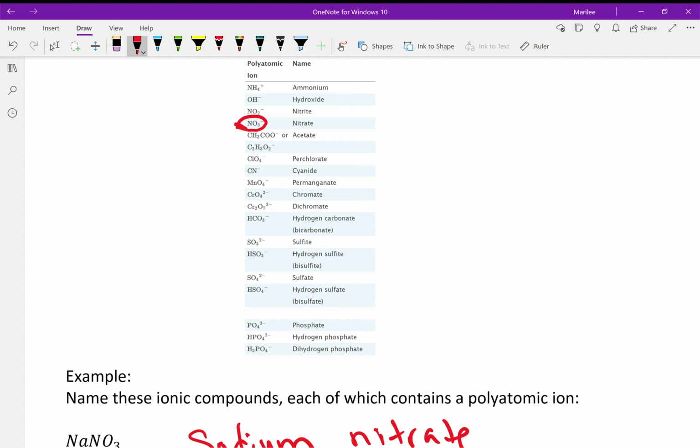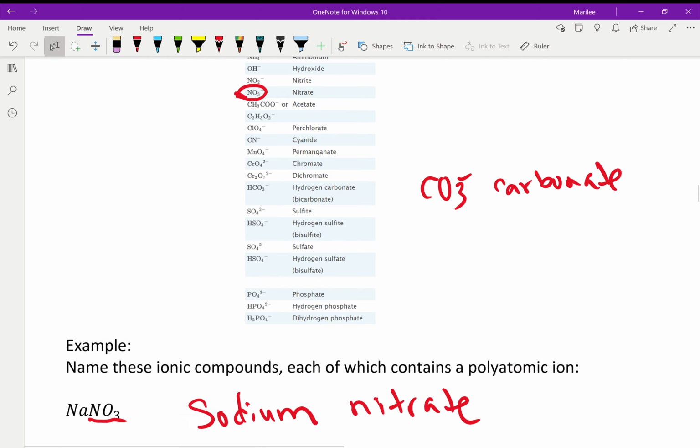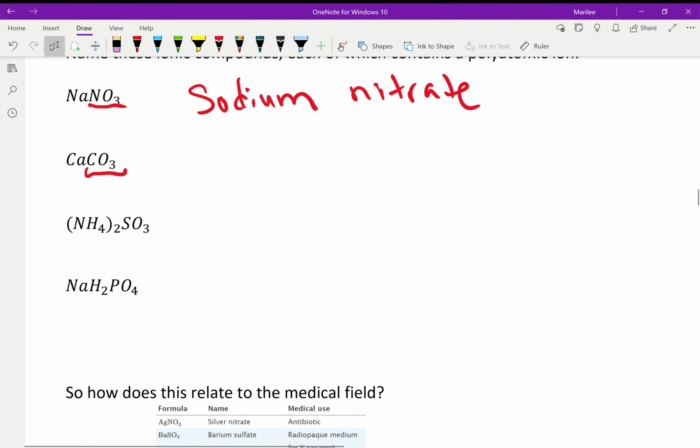Okay, well this one here says hydrogen carbonate, HCO3, so CO3 is just carbonate. Not sure, it's not here. I don't think I missed it. So CaCO3 will be calcium carbonate.